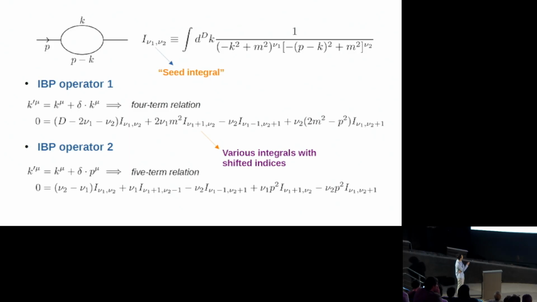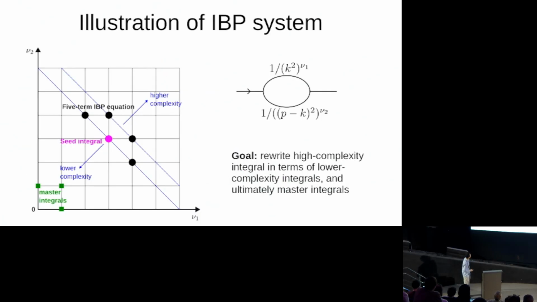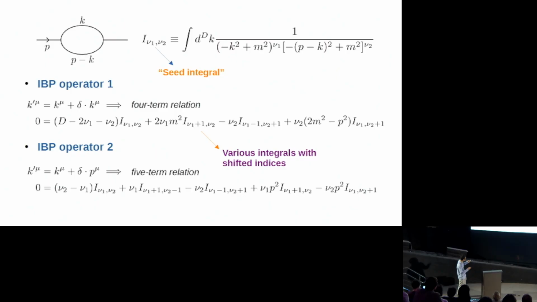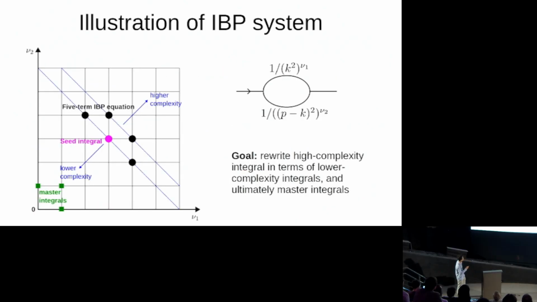So depending on whether you shift by k mu or p mu, you get two types of relations. You can consider all these different integrals on a two-dimensional grid for the different values of nu1 and nu2 propagator powers. You start with the so-called seed integral, which is what I wrote down here, and applying the IBP operators, or these different infinitesimal shifts, you can get IBP identities.